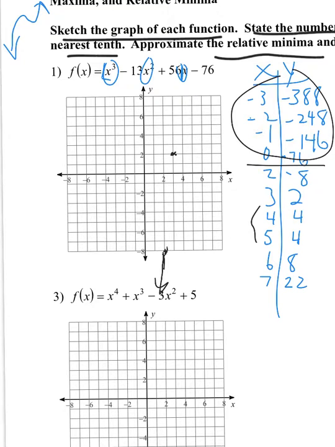It's going to come up and be at 2 right there. At 4, we're at 4, and at 5, we're at 4. It doesn't come up and go completely level. Between 4 and 5, it's going to be above 4 a little bit. I'm going to try some values in there. But at 6, we're at 8, so this is where it shoots back up.